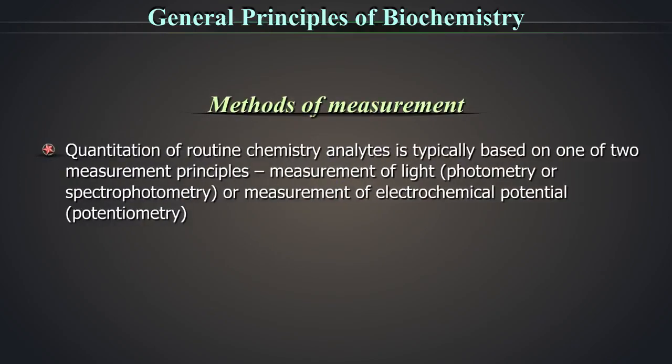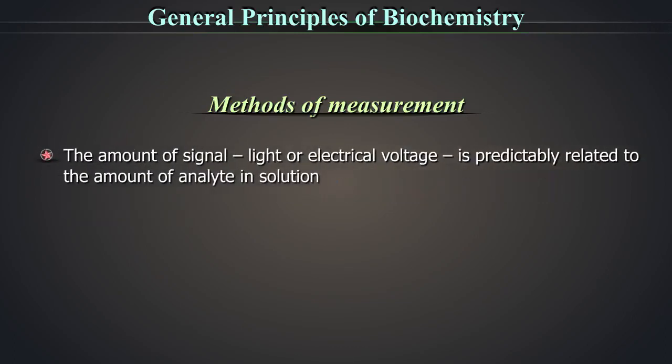Quantitation of routine chemistry analytes is typically based on one of two measurement principles: measurement of light, which is photometry or spectrophotometry, or measurement of electrochemical potential, also known as potentiometry. The amount of signal, light or electrical voltage, is predictably related to the amount of analyte in the solution.